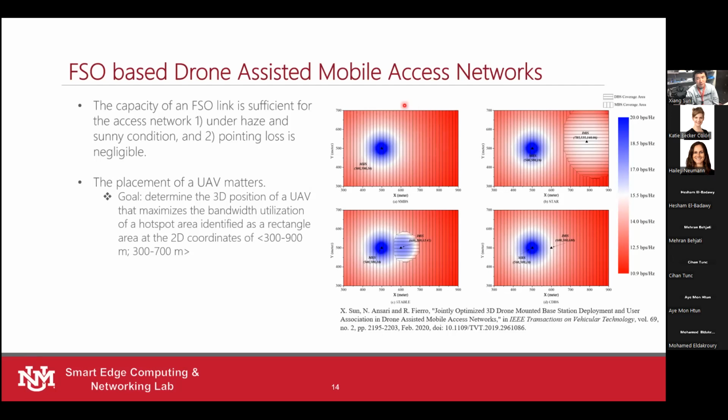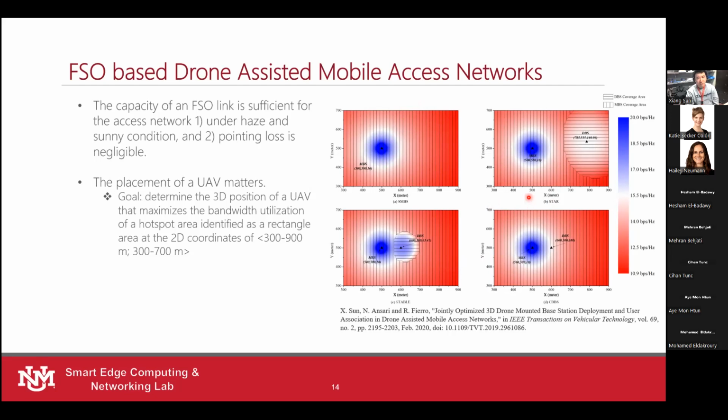The first figure is the case where we only have a single micro base station deployed at the 500 location. The other three figures show different UAV deployments, which generate totally different spectrum efficiency distributions.